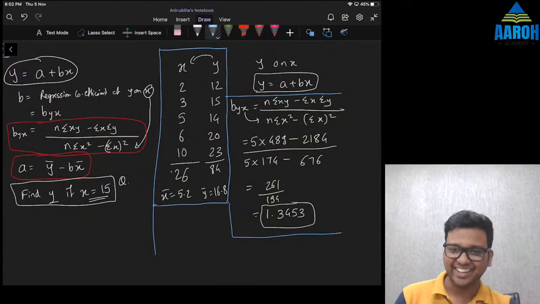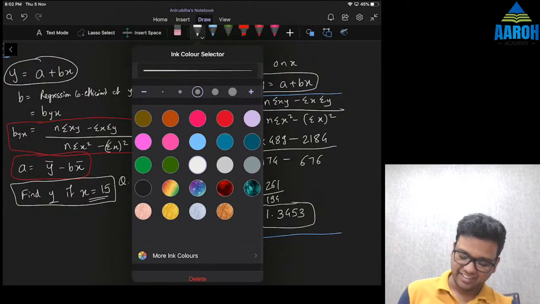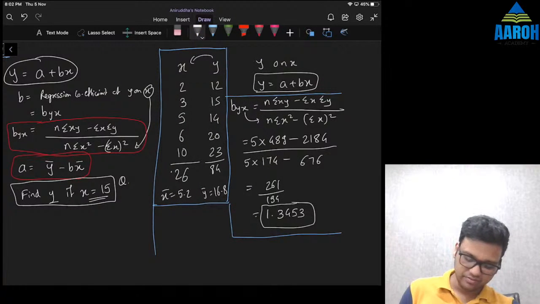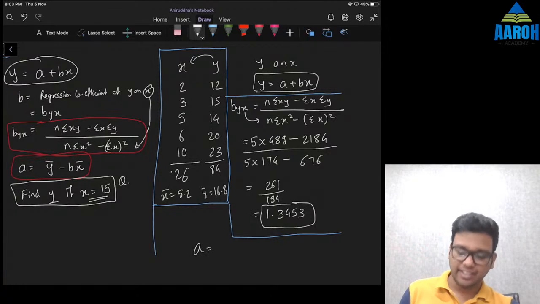Okay, correct. Then let's calculate A also. A is what? Just rearrange that line.